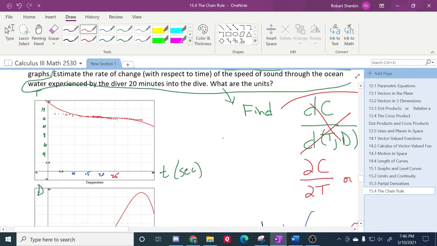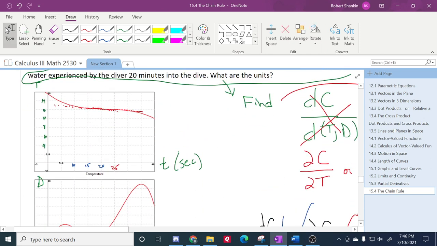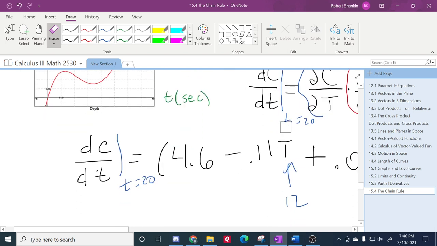dT/dt, well, why don't we just call it 0? Because it'll be really close to 0. At 20, well, let's say negative 0.01.